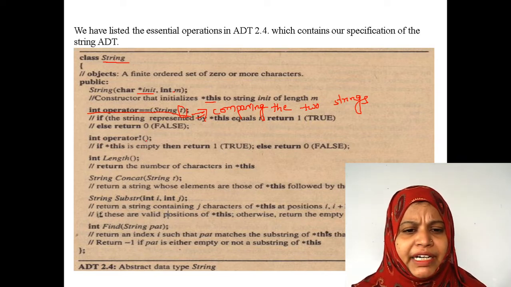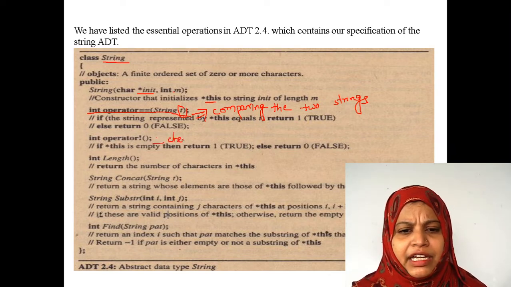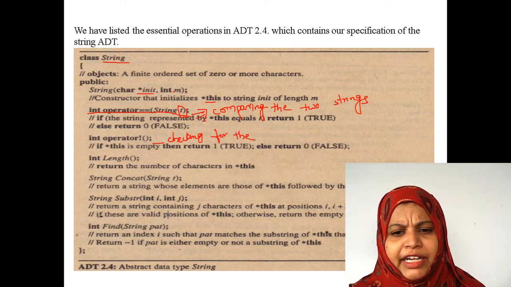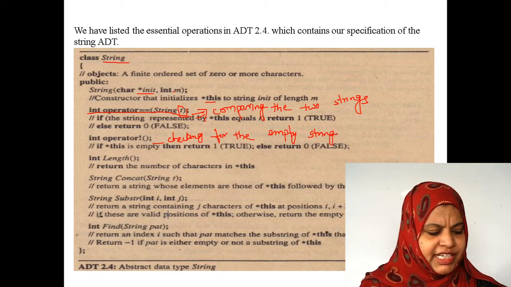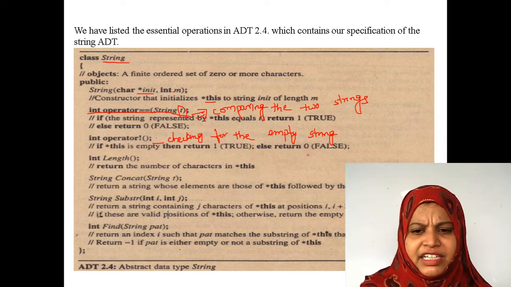Next, int operator !(), if this is empty then return 1, else return 0, false. Here we are checking for the empty string. If the string has some characters, then it will return 0.